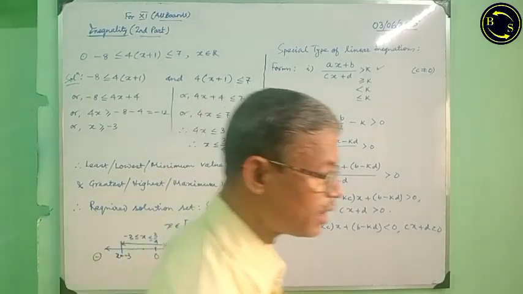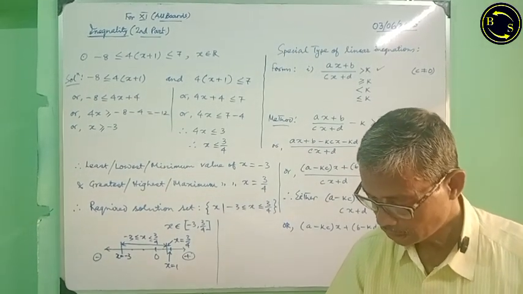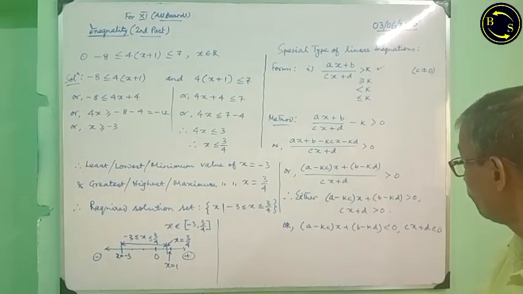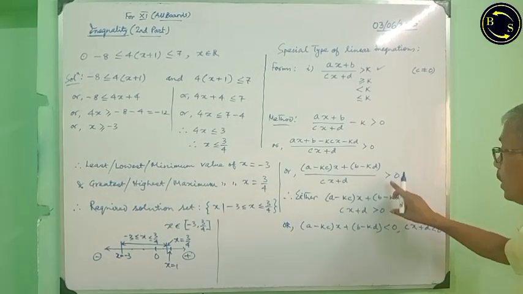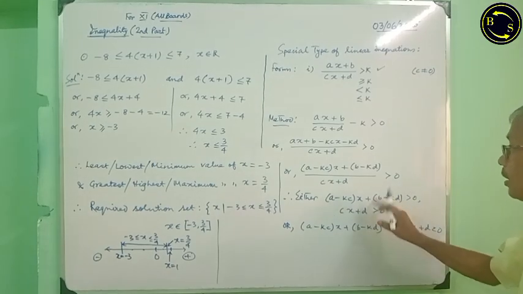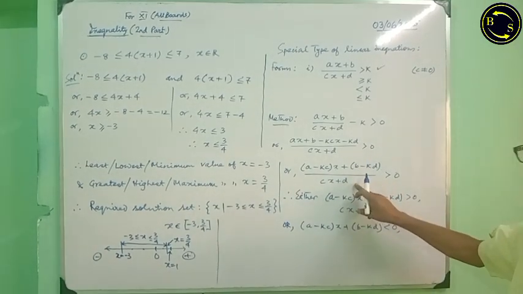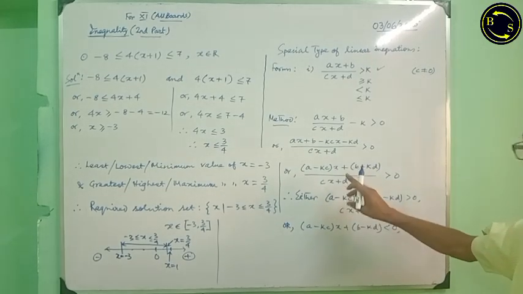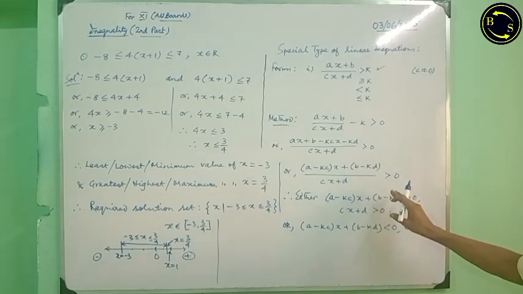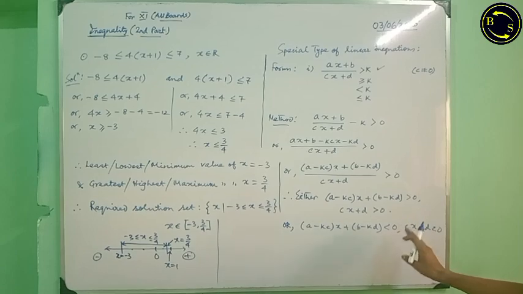Now it will be clear if we consider problems. And another thing, if we get negative less than 0, then the two cases will be numerator, denominator of opposite signs. That means in the first case, numerator positive, denominator negative, in the second case numerator negative and denominator positive.